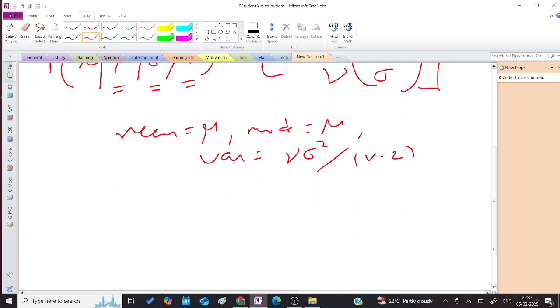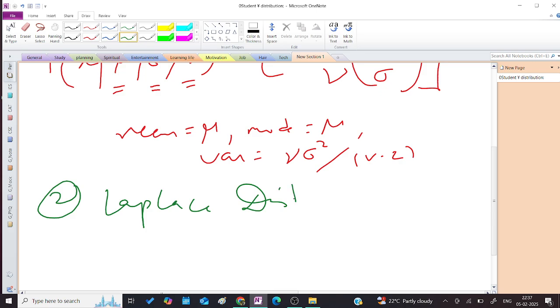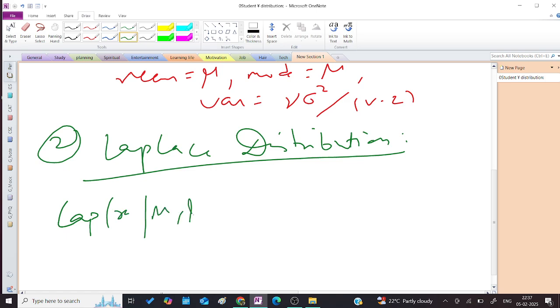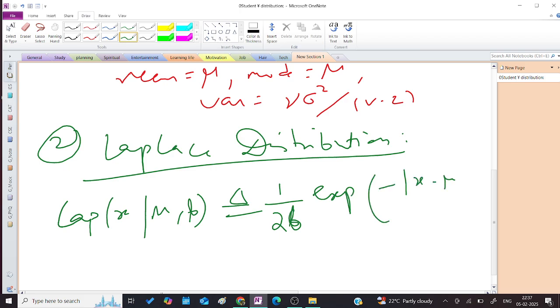Okay, let's move to the second distribution, that is the Laplace distribution. It is also a long tail distribution, and we represent it as Laplace(x | mu, b). The definition is 1 by 2b, exponential of minus |x - mu| by b.